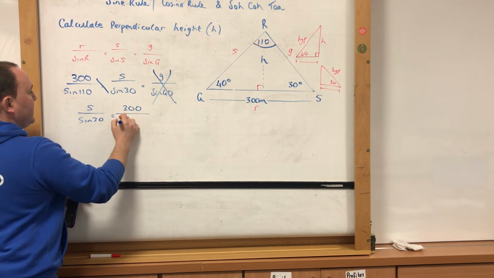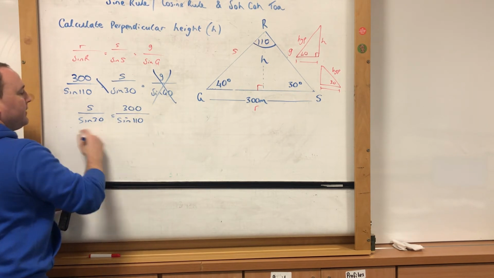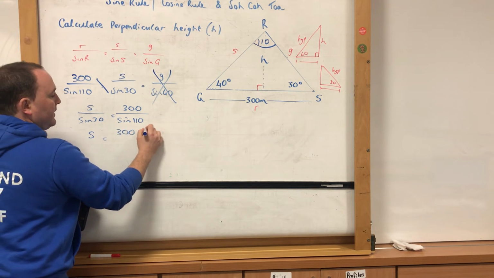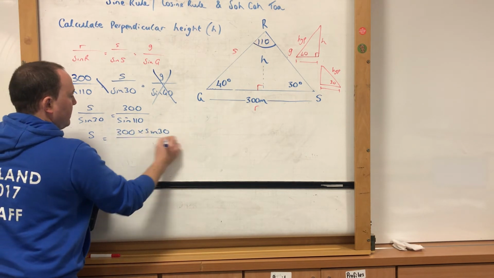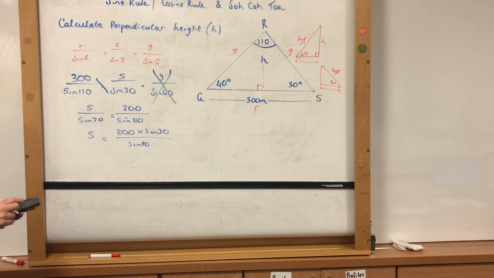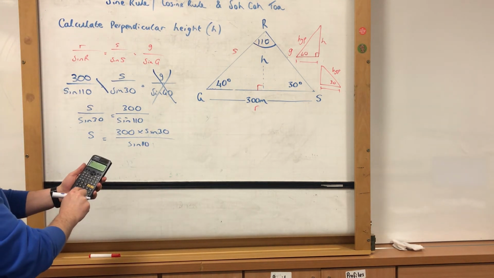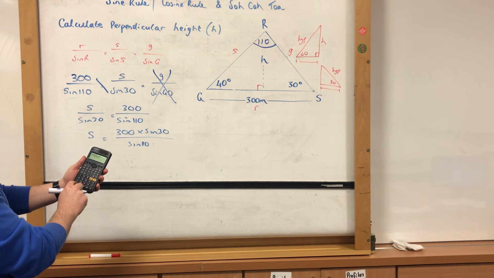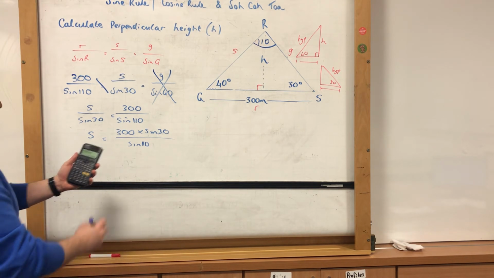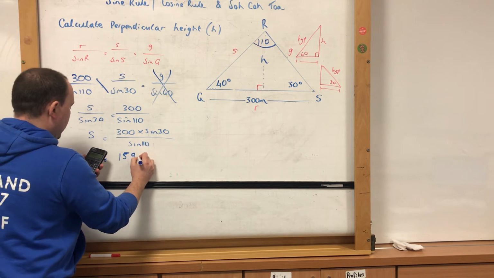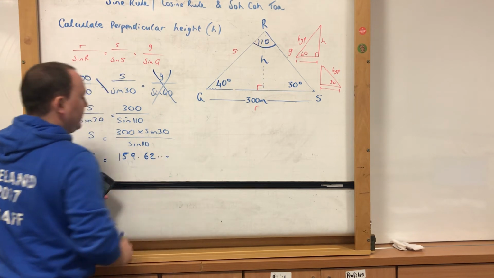If you wanted the subject on the left hand side, multiply through by your sine 30, and then substituting that into your calculator. Okay, so fraction button, 300 multiplying sine 30, close the bracket, use your cursor, sine 110, 159.62, and let's just keep that there just now.